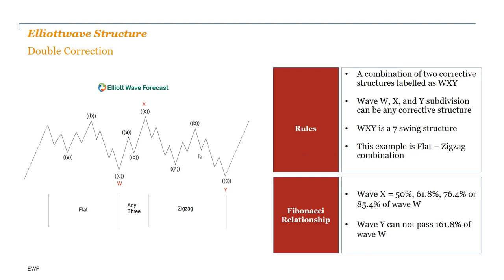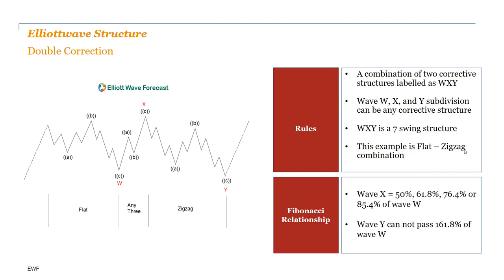And this particular example is a combination of a flat and a zigzag structure. If you recall, Elliott Wave has a couple of different corrective structures. We got a zigzag, which is a 5-3-5 structure. We got a flat, which is a 3-3-5 structure, and we also have a triangle.